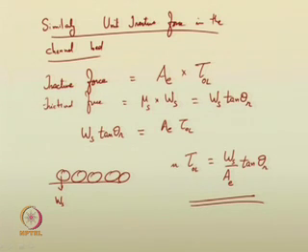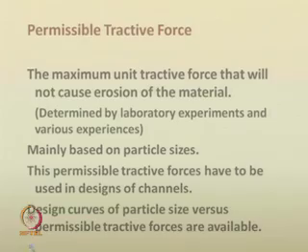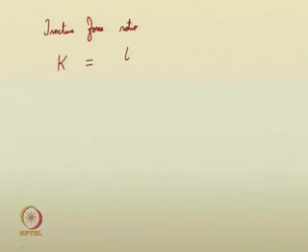Therefore, the tractive force ratio, which is given as K, is nothing but the ratio of unit tractive force on the side slope to the unit tractive force on the channel bed. Okay.